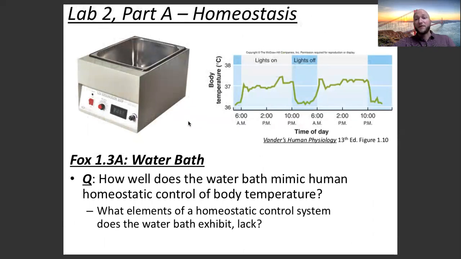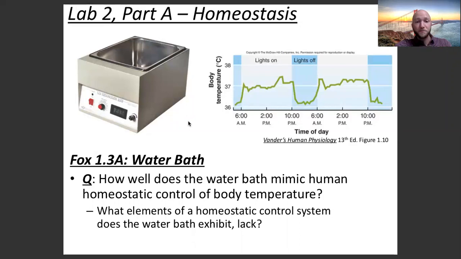So the water bath, what do we do for this experiment? We have a water bath which keeps the temperature of water at 50 degrees Celsius. We then added in a bunch of water and we saw that the temperature of the water dropped down. Now, what's going to happen long term as we monitor the temperature of that water?